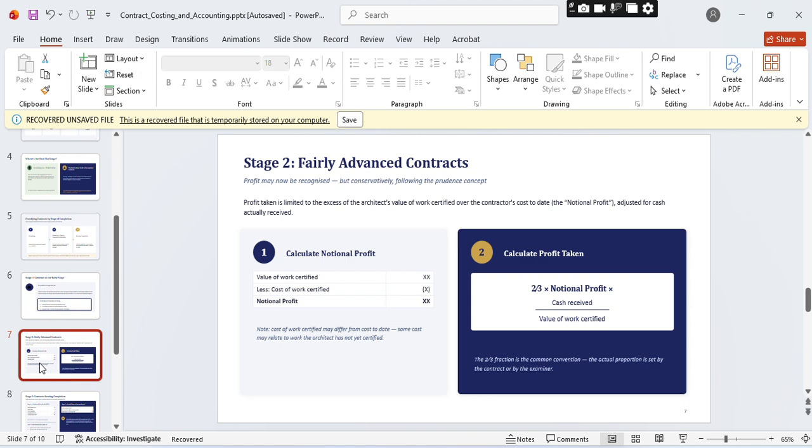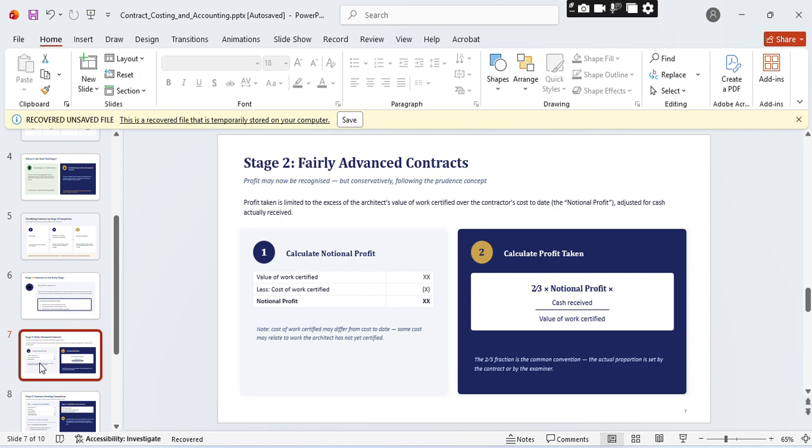Now, what we are saying is that before a contractor can recognize profit, okay, the contractee who gave out the contract, okay, to the contractor, okay, will have to base his judgment to make payment by engaging the work of a specialist who is known as the architect, okay. Now, the architect will value the work done by the contractor, okay, and issue out a certificate showing how advanced the contract has gone and how much to be paid to the contractor, okay, based on the stage of the contract, okay.